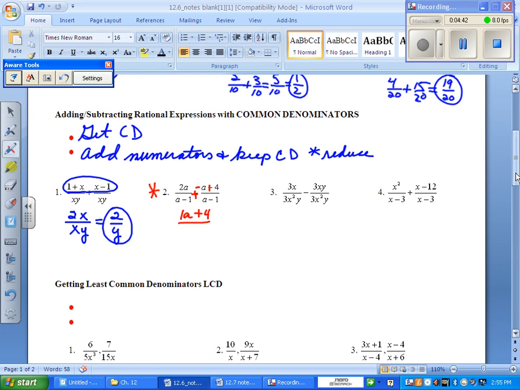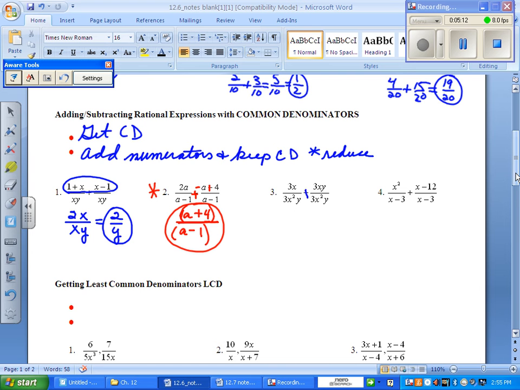That is going to be over the a minus 1. Now, nothing cancels. You cannot pluck these a's off of each other. This is a quantity. It's all or nothing. And this is a quantity. It's all or nothing. Either they're exactly alike, and you can cancel them, or if they're not exactly alike, you can't just pull parts of them off. So this is done.